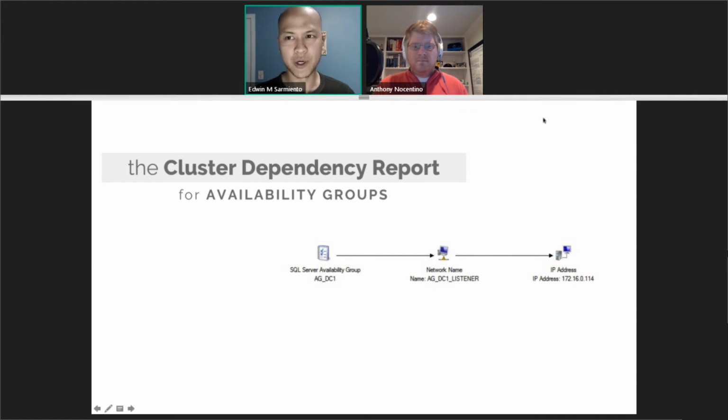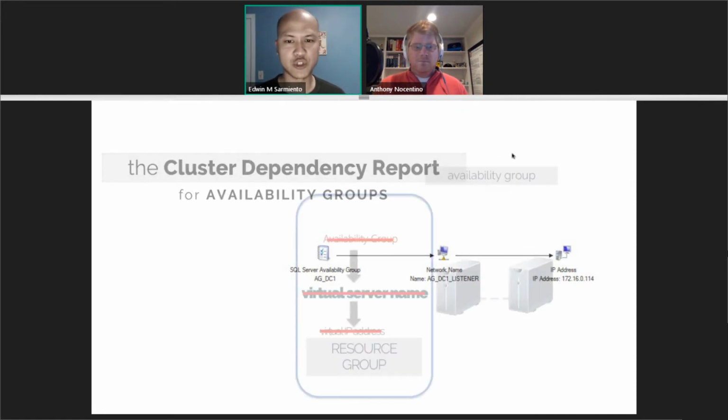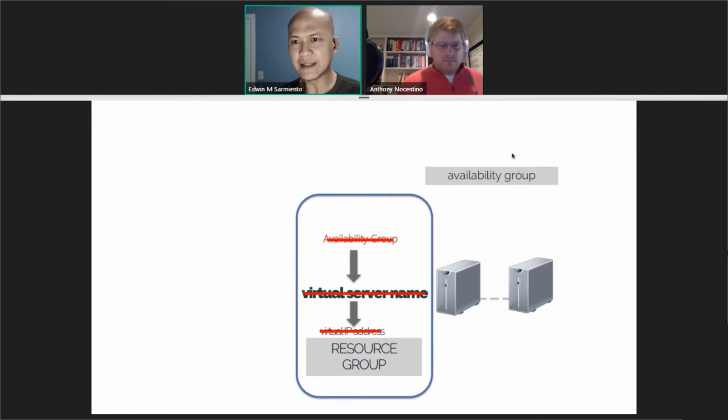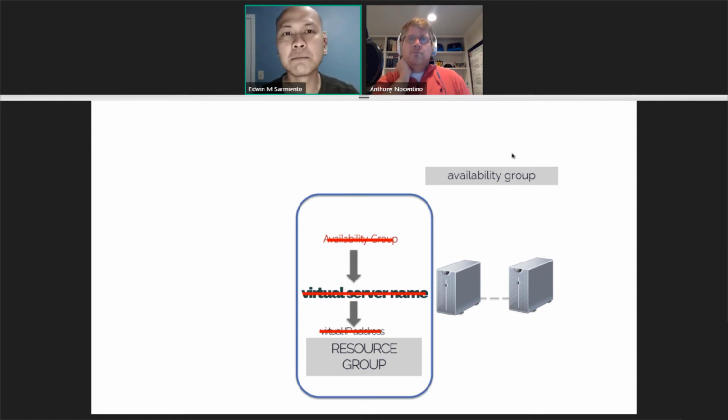So moving forward, in terms of the cluster dependency report, which is something that I will show you later, in an availability group, if you have a listener name and that listener name is unavailable, it doesn't matter if your SQL Server service is online. If the databases are healthy, it doesn't matter. Every single database in the availability group will be taken offline.